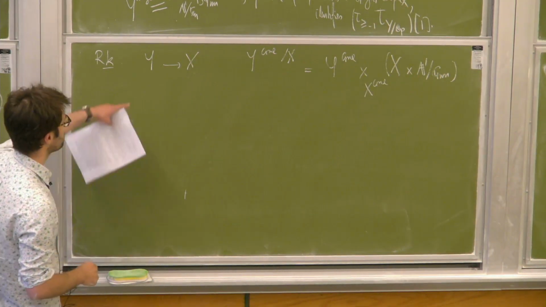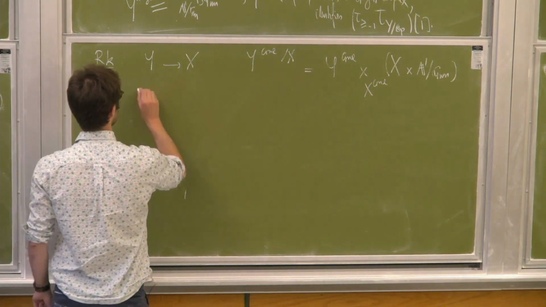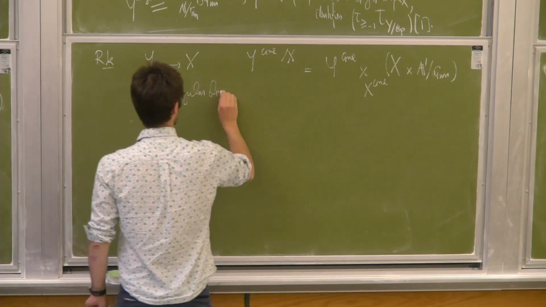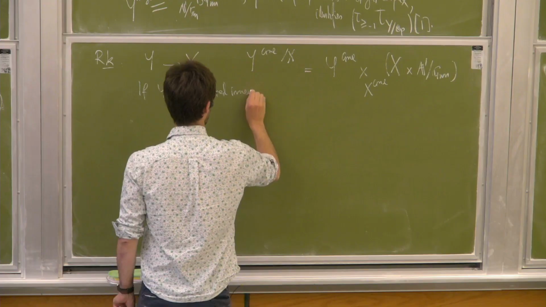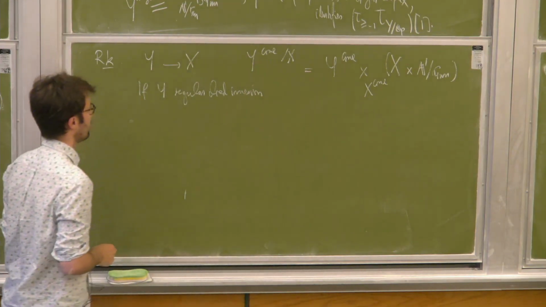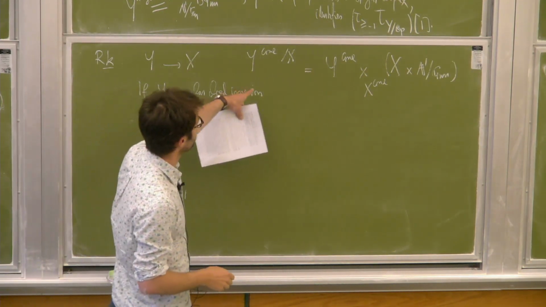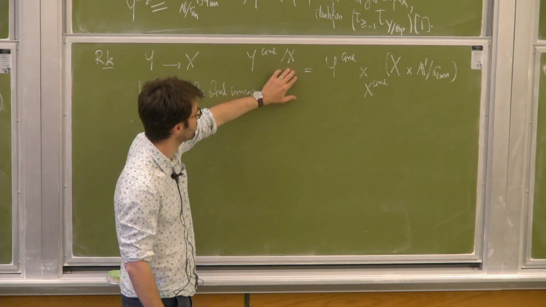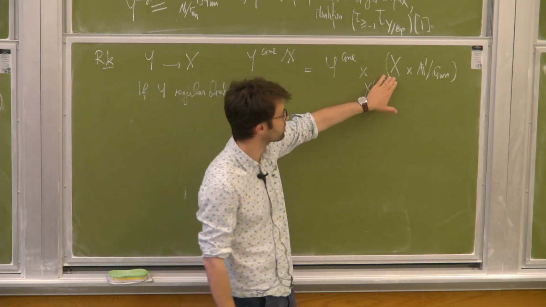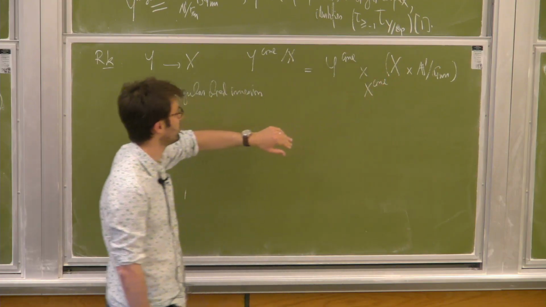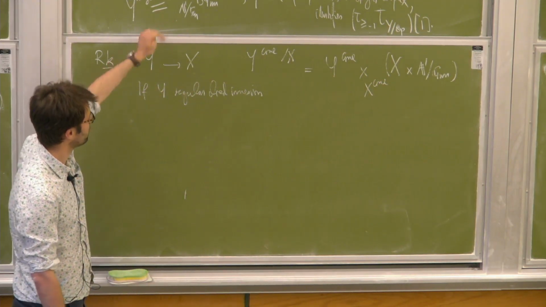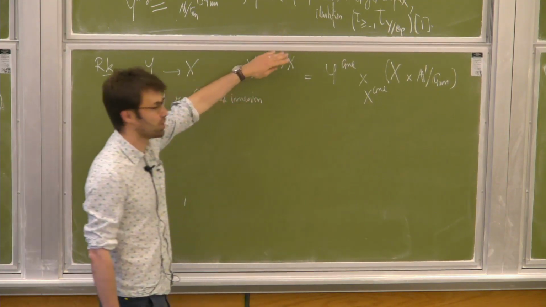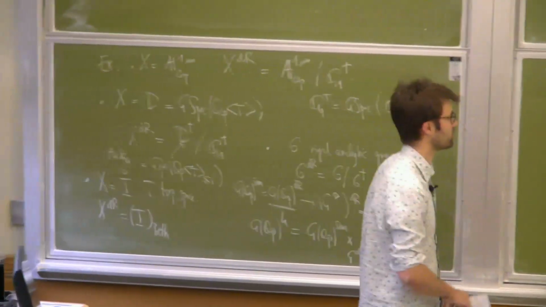If y is a regular closed immersion, then this would be some kind of deformation to the normal cone. Generically, for this relative construction, this is just x, so over G_m mod G_m. But if you look at the fiber over 0, you really get just the normal bundle of y over x.